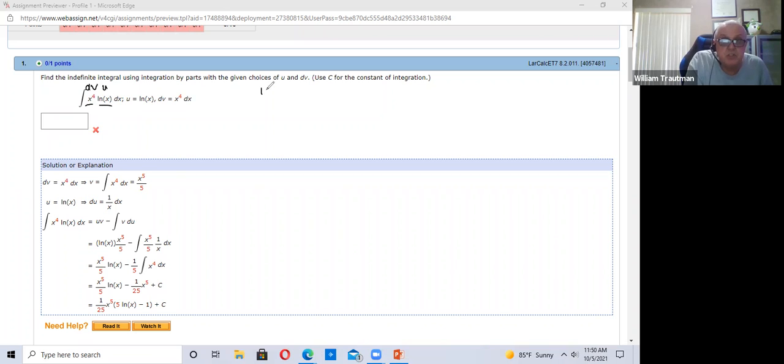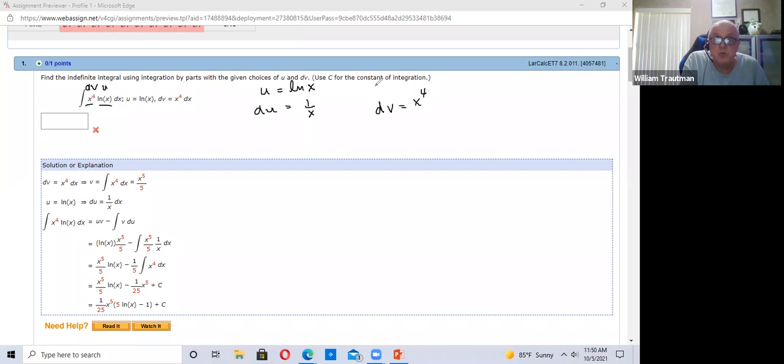So if they have u equals natural log of x, then we have to find the derivative of u, and the derivative of natural log of x is 1 over x. Then dv, well, I like to put dv down here, so the derivative is on the bottom.